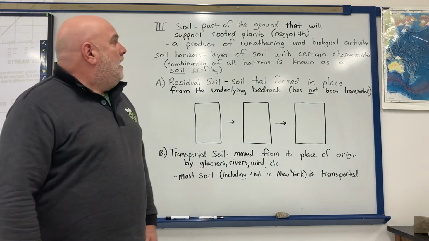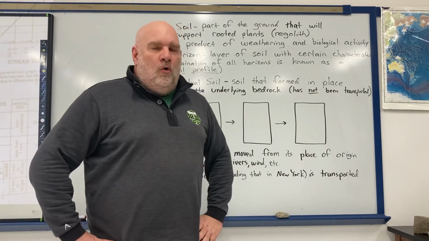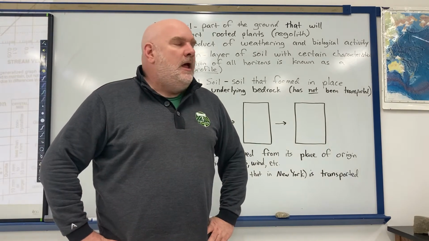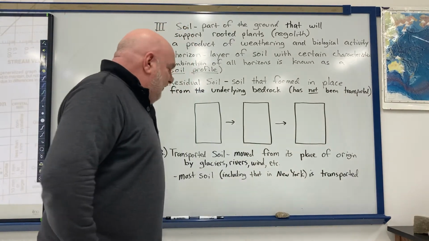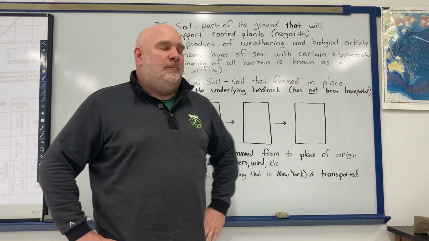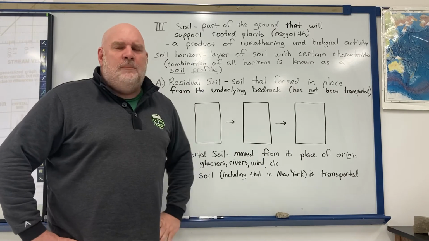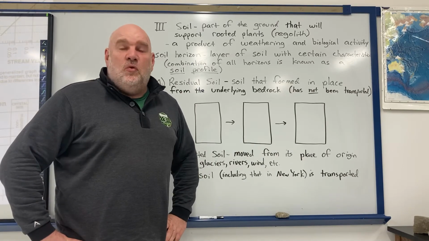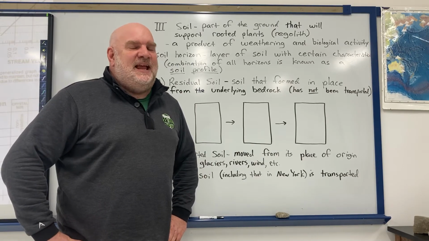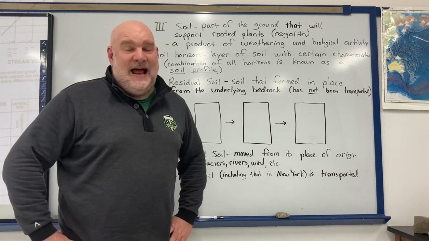Now, let's say I was going to dig a hole in my backyard. What I would probably notice if I was digging a hole, 8 feet down or something like that, is that the soil is not the same the whole way down.